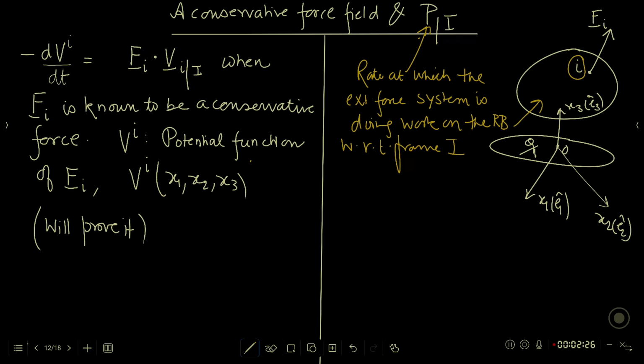If that force is known to be conservative, and if Vi represents the potential function of Fi, then we can show that the rate at which work is done by that force on the body will be the rate of change of the value of the potential function Vi with respect to time.